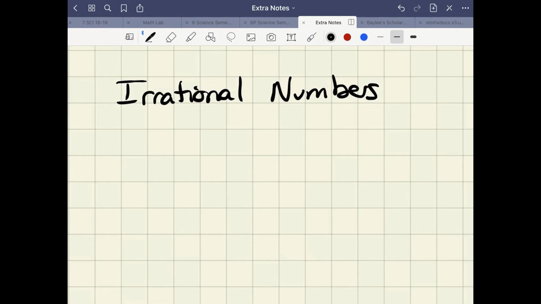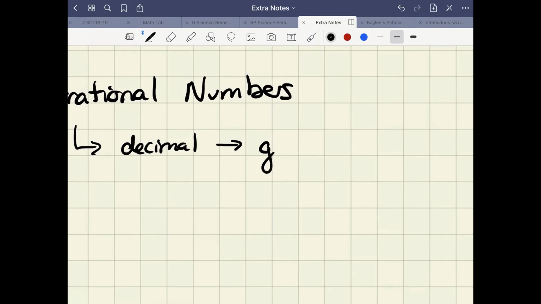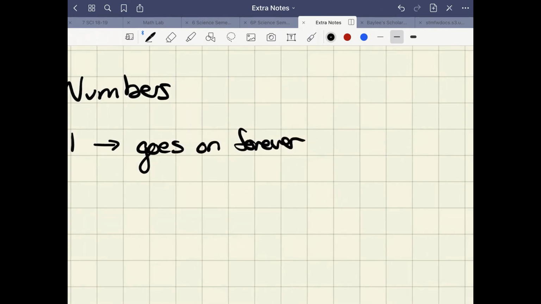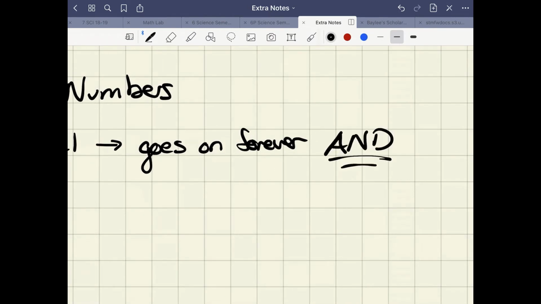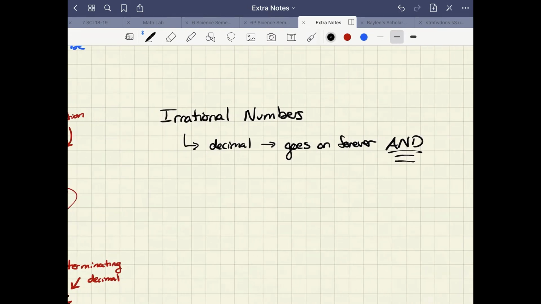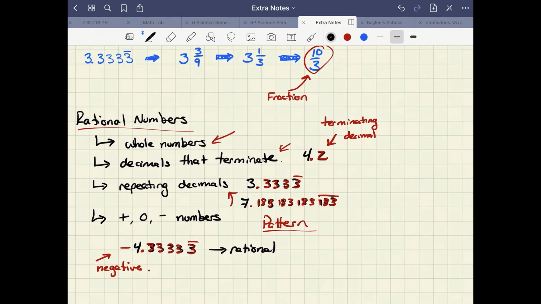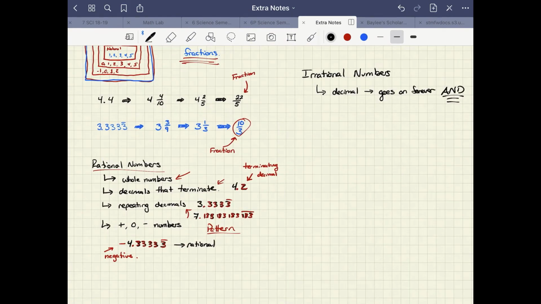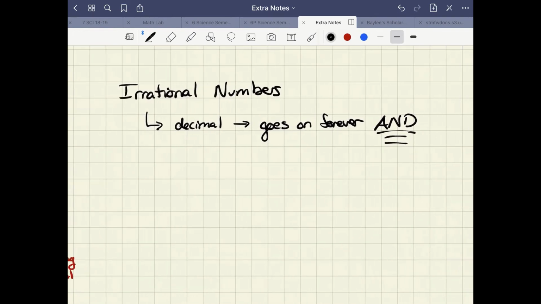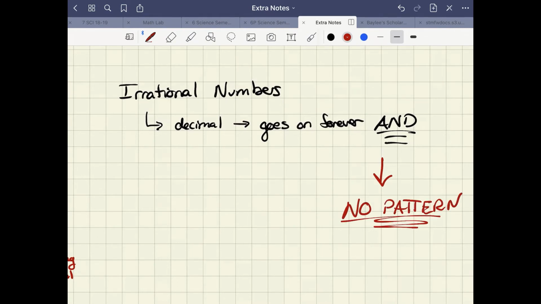Irrational numbers are characteristic of the fact that they almost always present themselves as a decimal that goes on forever, and this is the big and, okay, because if you stop there, that wouldn't work. These are decimals that go on forever, okay? Irrational numbers are decimals that go on forever, and they have no pattern, okay?